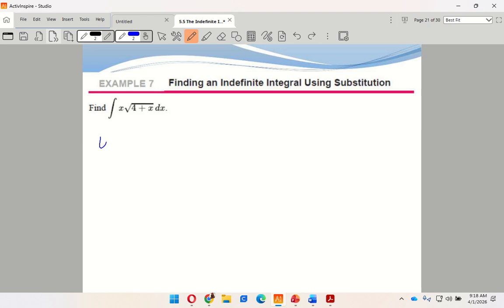So I'm going to say u is 4 plus x. So du is 1 what? 1 dx. But wait, does that take care of and remove all my x's? I have an x on the outside, right? What can I replace that x with?